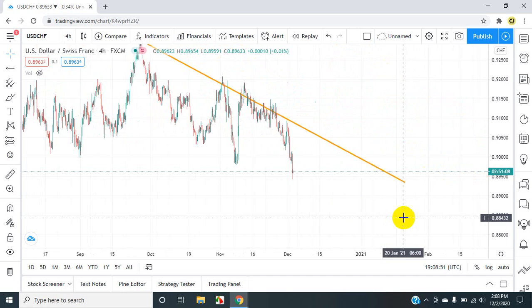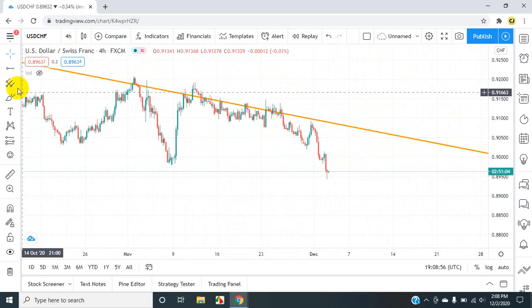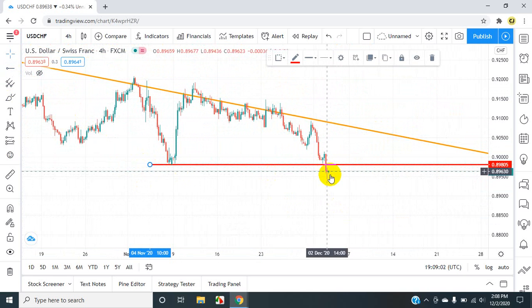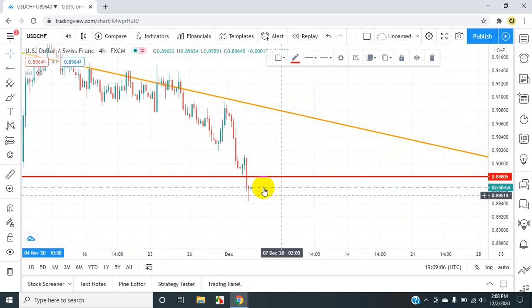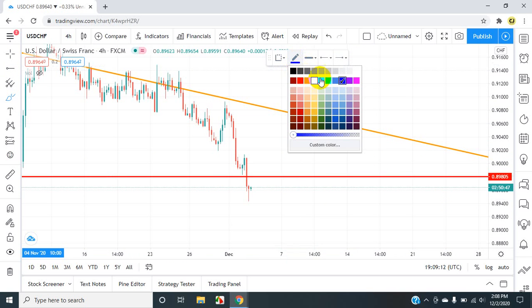So what I would do is, I know this area, if it breaks here, is going to go down lower, which it did. Now if I zoom into here, you can see this green candle is trying to come up. I'm going to turn this to green.